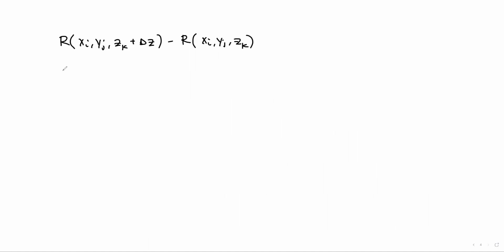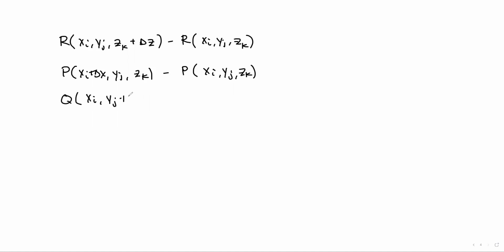And then we got P of x sub i plus change in x, y sub j, z sub k, minus P of x sub i, y sub j, z sub k. And then the other one we got is Q of x sub i, y sub j plus change in y, z sub k, minus Q of x sub i, y sub j, z sub k.